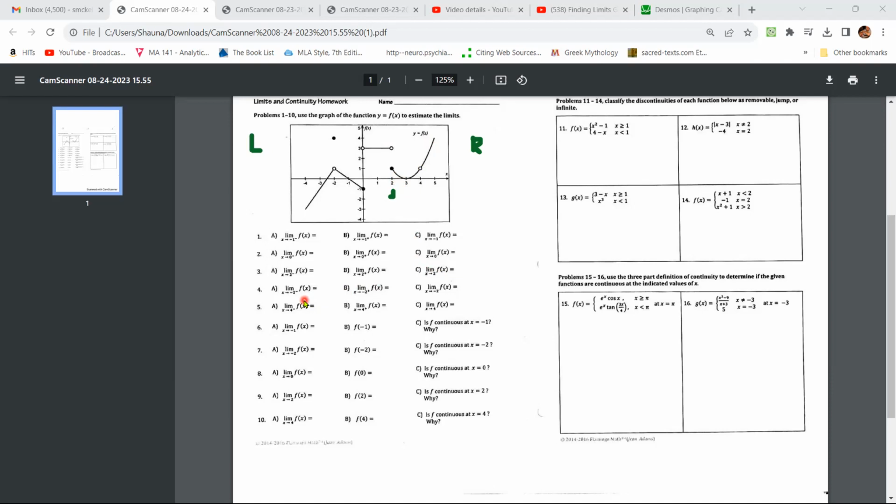Number 4. Take your time. Am I rushing you? No, I feel good. Okay. How about number 4? Limit f of x as x approaches -2 from the left side. Okay, -2. So we're over here now. -2 from the left.